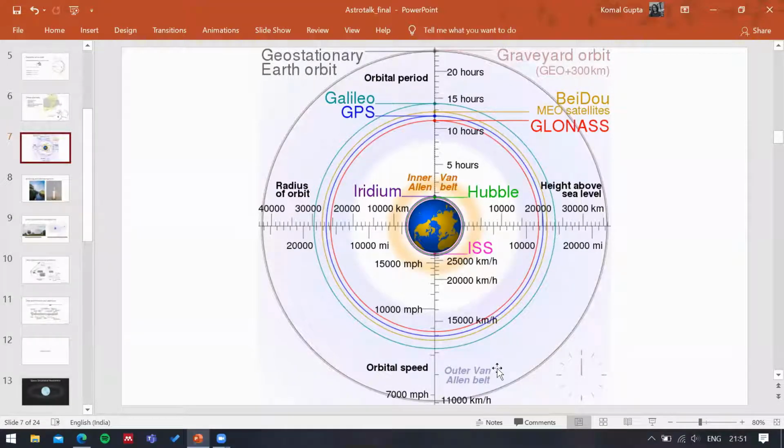There's another Van Allen belt, which is the outer Van Allen belt. Here again, you can see there's a gap between medium and high Earth orbits. So these regions are like a no-go zone in space, and we cannot put satellites here.